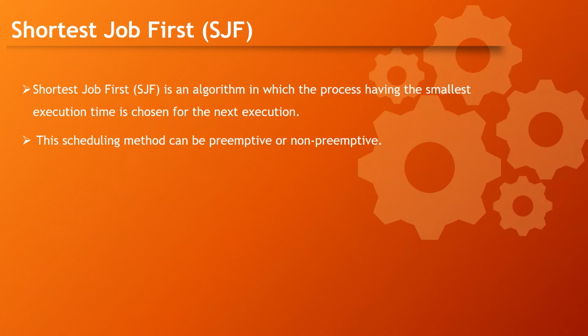In preemptive, the resources can be taken away by the operating system in certain conditions, like when time is allotted for a particular process and it expires, the CPU is taken away. That is called preemptive. So SJF can be implemented using the preemptive method and also the non-preemptive method.